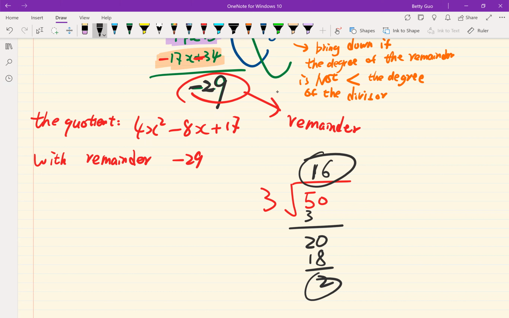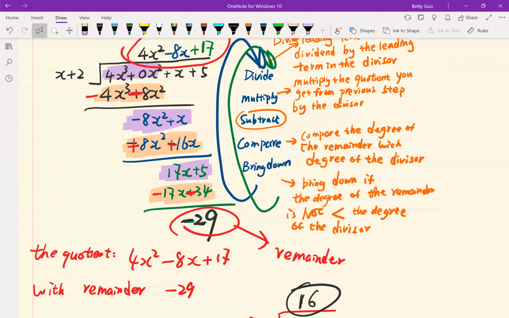Same with polynomials, but of course it's more complicated. When you divide the dividend polynomial by the divisor polynomial, you get a quotient polynomial with a remainder of negative 29. This polynomial, the divisor x plus 2, does not go into the dividend completely. It has a remainder. Does that make sense?